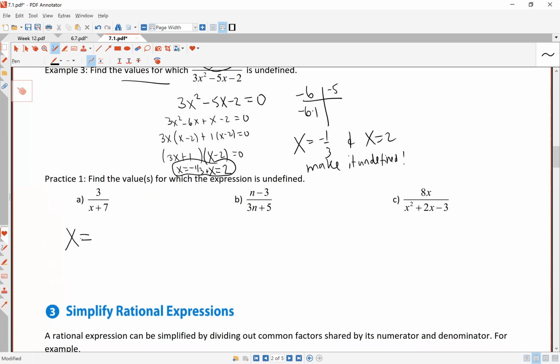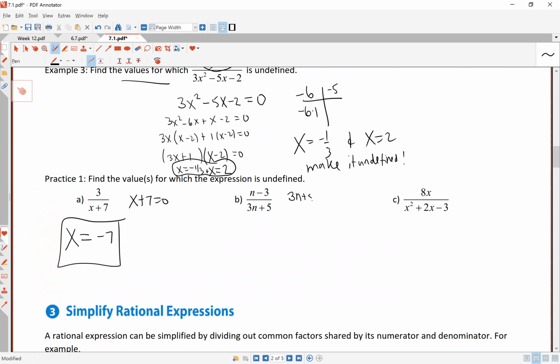What value for x would make me divide by 0? Good. X plus 7. If that ever equals 0, then you get x equals -7.